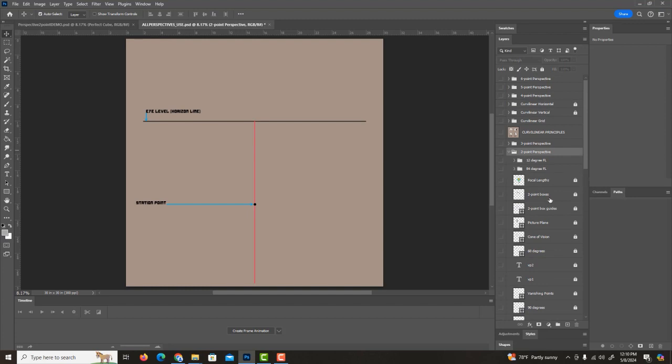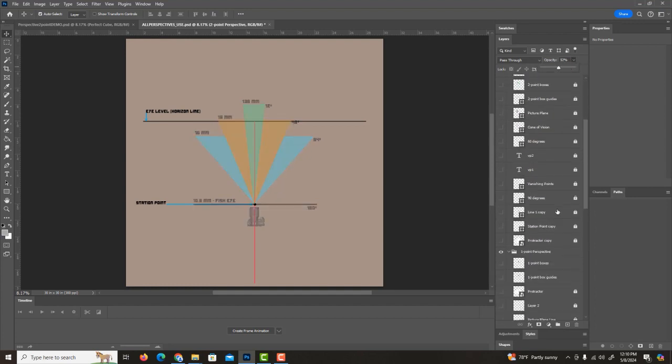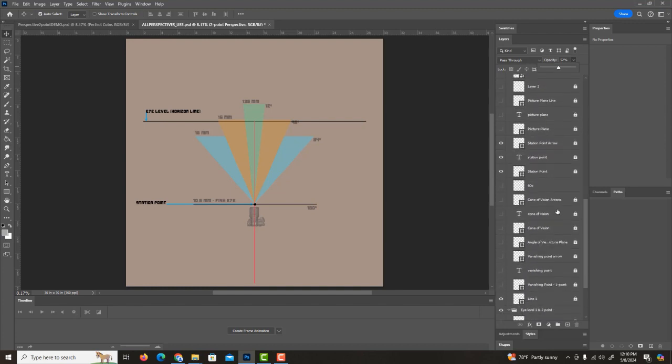Just a quick description: focal lengths are adjustable with a camera. The human eye sees within this range. So if we bring this down, we're looking at our 60 degree angle range, our 60-degree cone of vision.